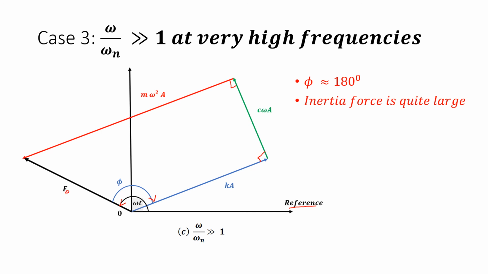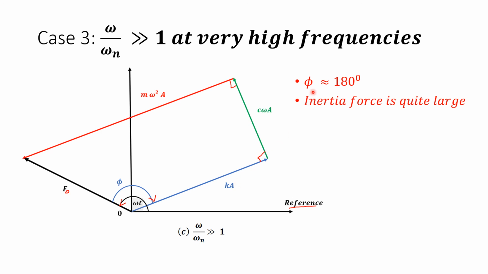What we observe is when omega is large, omega square will be quite large. Means the inertia force will have very large magnitudes, resulting in phi approaching 180 degree, and we can say amplitude of inertia force is almost equal to F naught plus Ka, forgetting about their directions, only amplitudes.